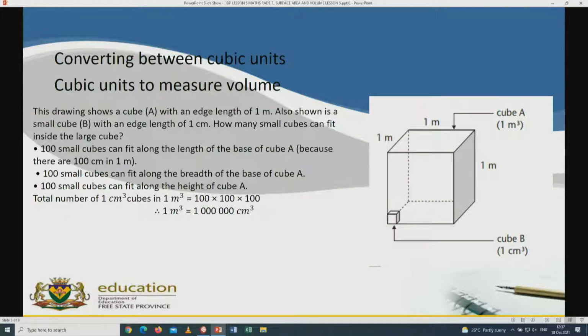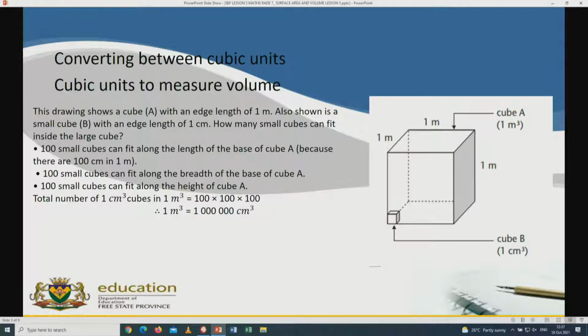Now, if you can check in this picture that I have alongside, it's a cube. We have a big cube, labeled A. Look at the dimensions: 1 meter, 1 meter, 1 meter. Meaning the length is 1 meter, the breadth is 1 meter, and its height is also 1 meter.